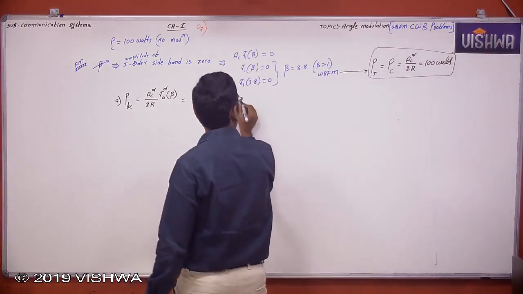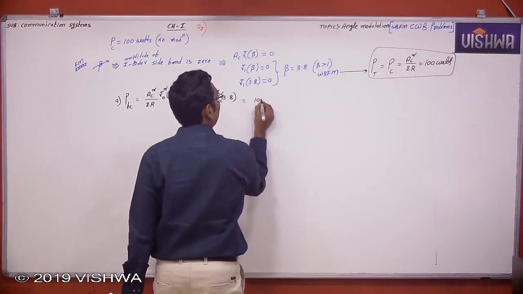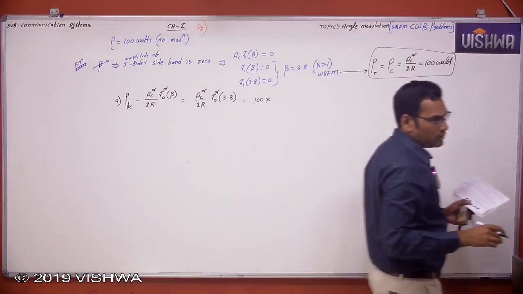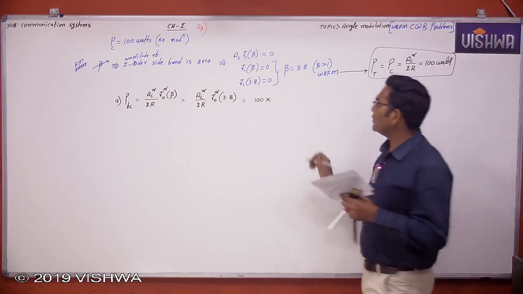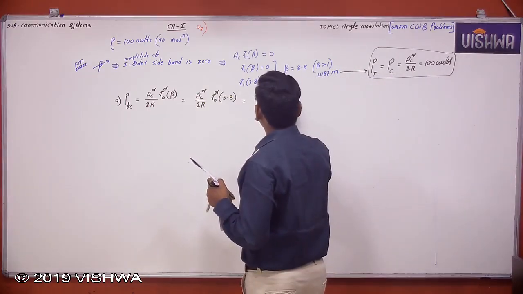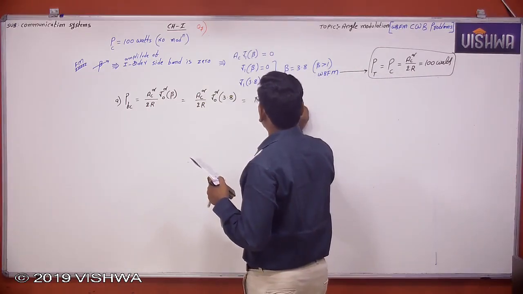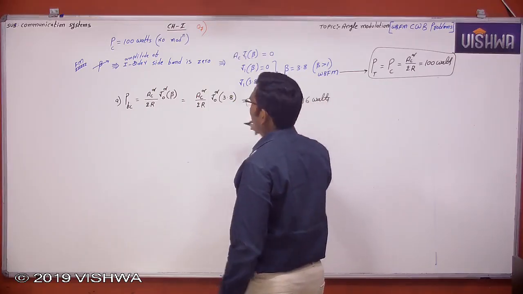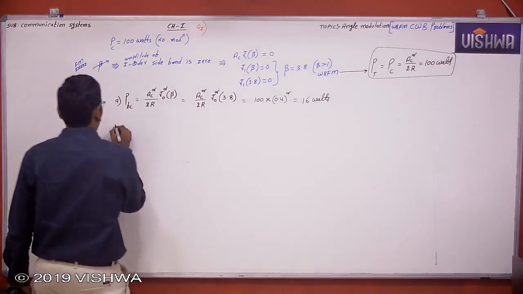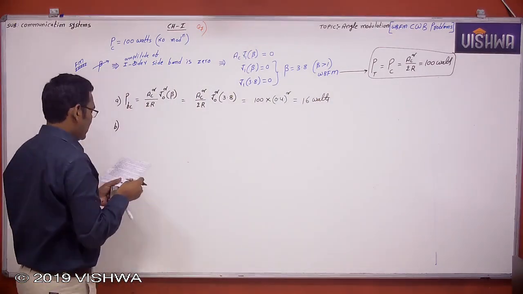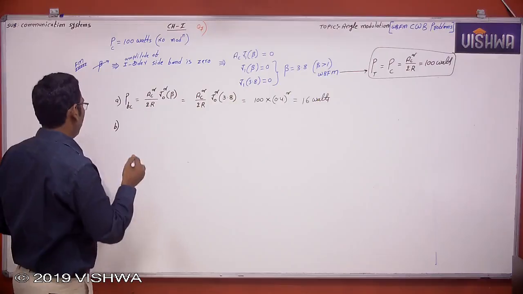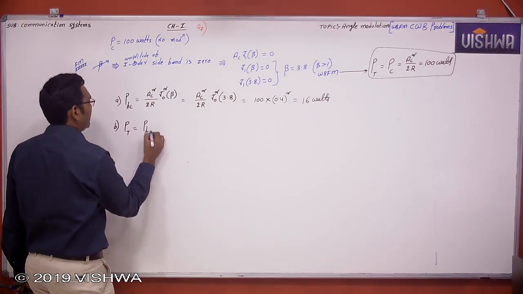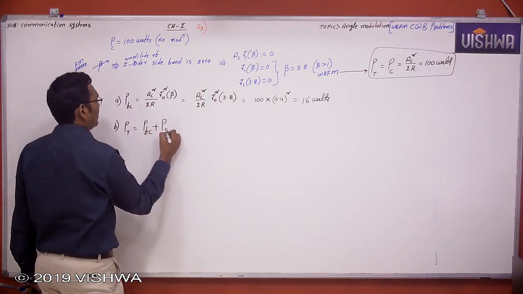You can utilize that: 100 into J naught of 3.8, which is given as 0.4, whole square, which is nothing but 16 watts, the power taken by the carrier component. And what he is asking then is the power in all the remaining sidebands. Now what is the total power? The total power is nothing but the power taken by the carrier component and the power in all the remaining sidebands.